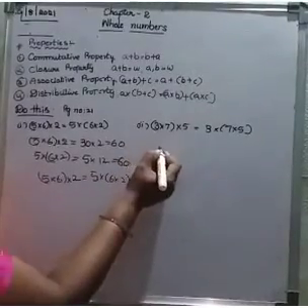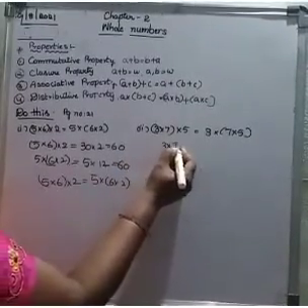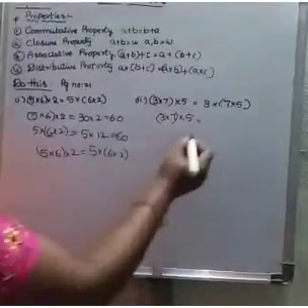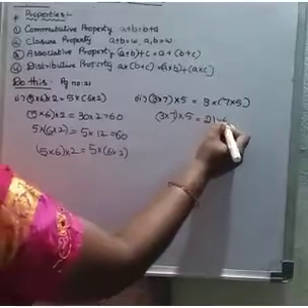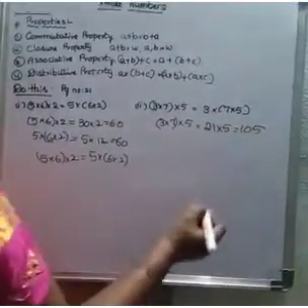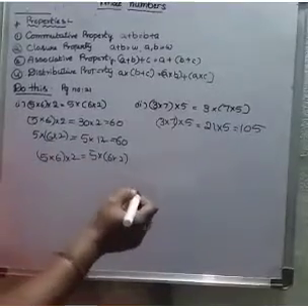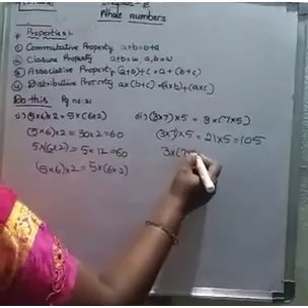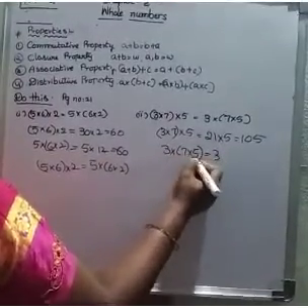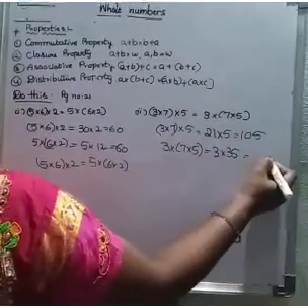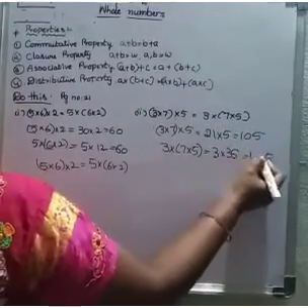Next, second one. 3 into 7 into 5. 21 into 5. 5 ones are 5, 5 twos are 10, so we get 105 here. Next, 3 into 7 into 5: 7 fives are 35. 3 fives are 15. 3 threes are 9. 9 plus 1 is 10.